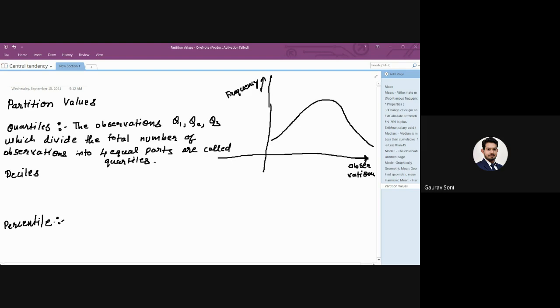I have written Q1, Q2, Q3, and I'm saying 4 equal parts. Why?